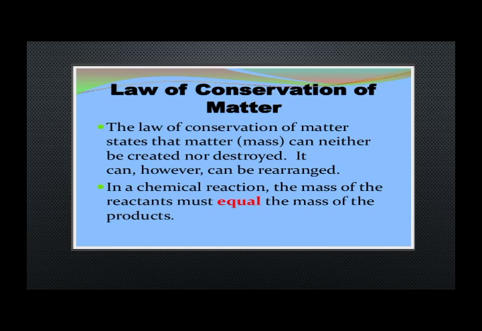Although the physical properties. So basically this law tells us that whatever quantity of reactants we utilize for any reaction, the product produced as a result of that reaction should be equal to the quantity of the reactants.